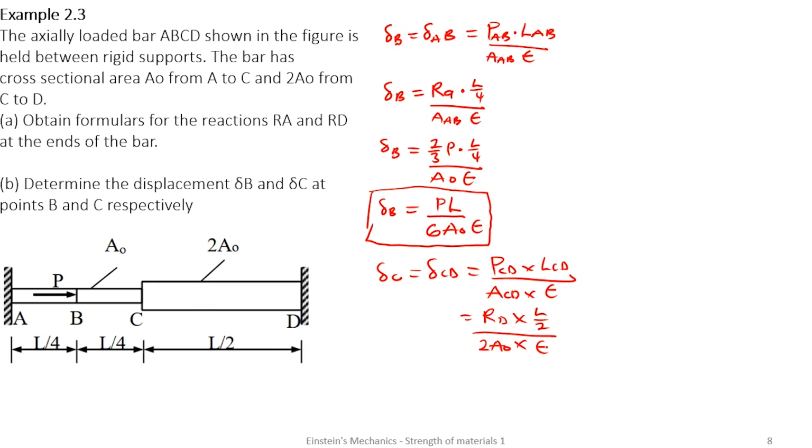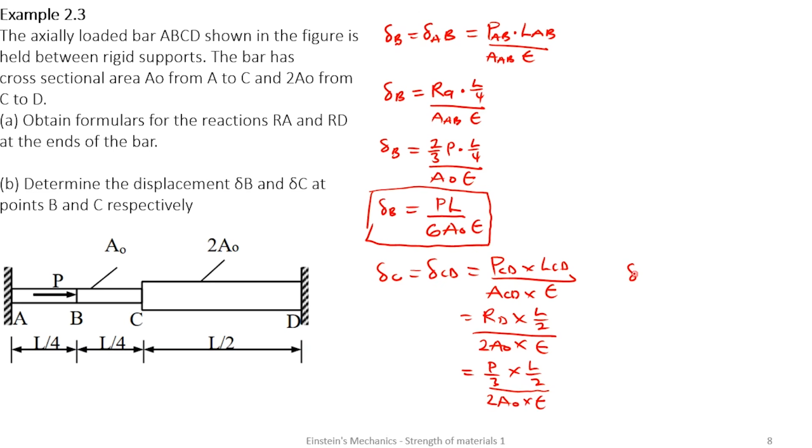We have our E. But from the deduction, what is RD in terms of P? RD in terms of P is P on 3. It was P on 3 multiplying L on 2 on 2A naught by E.